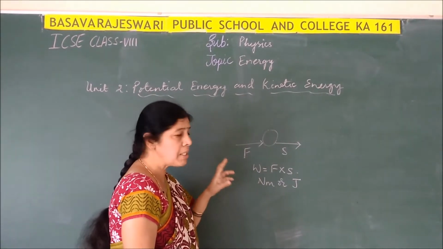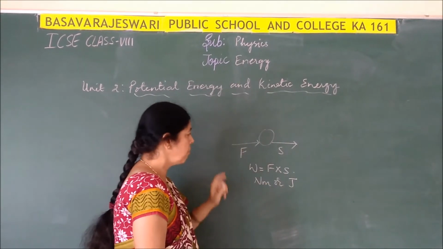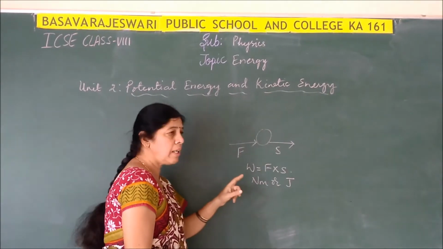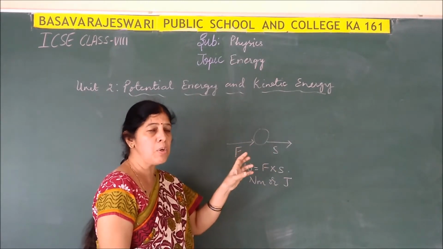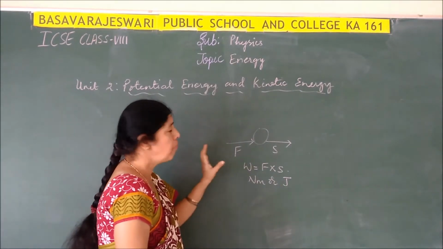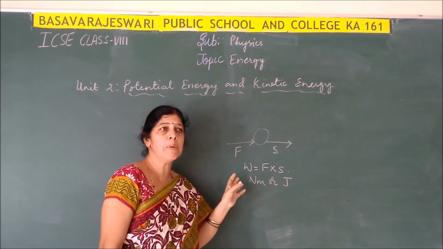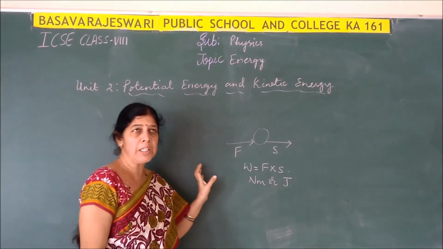So, work done can be 0 in two cases. One is if the displacement is 0, work done will be 0. In the second case, force and displacement must be acting at right angles to each other. Then also work done will be 0. Apart from that, we have solved some 3 problems also. I have given one problem for homework. I hope you have done that.